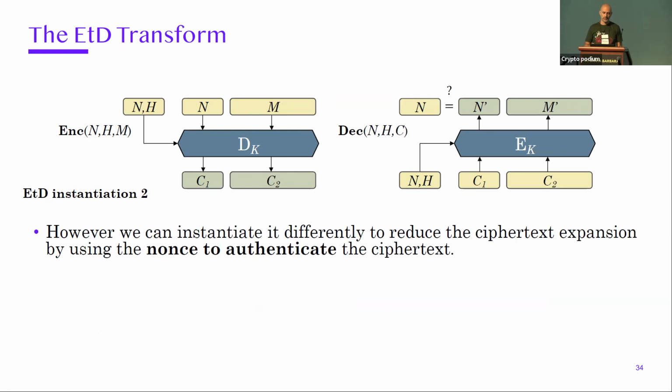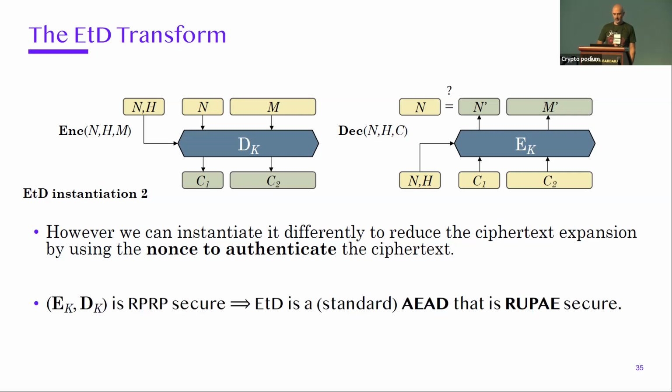And instead, during decryption, check that the provided nonce of the decryption algorithm is equal to the recovered nonce N prime. And this has a more compact ciphertext when compared to GCM wrap, for example. And again, we have a similar result here that if the underlying cipher is RPRP secure, then this yields an AAD scheme that is RUPAE secure.